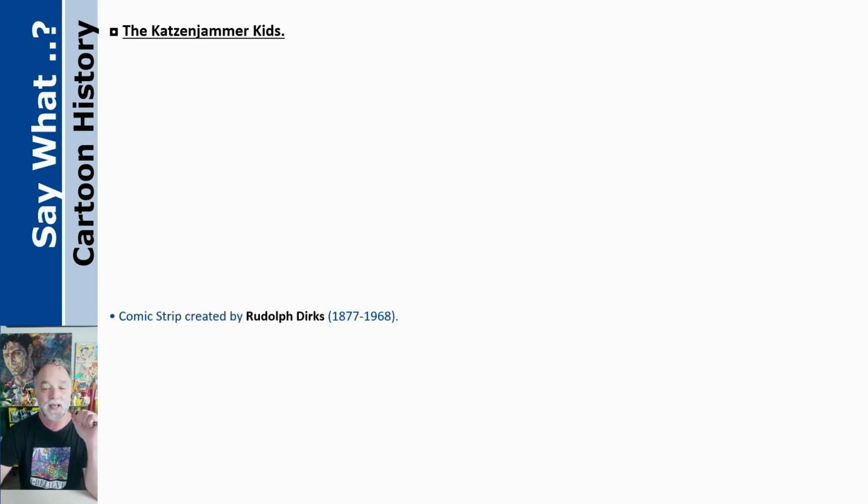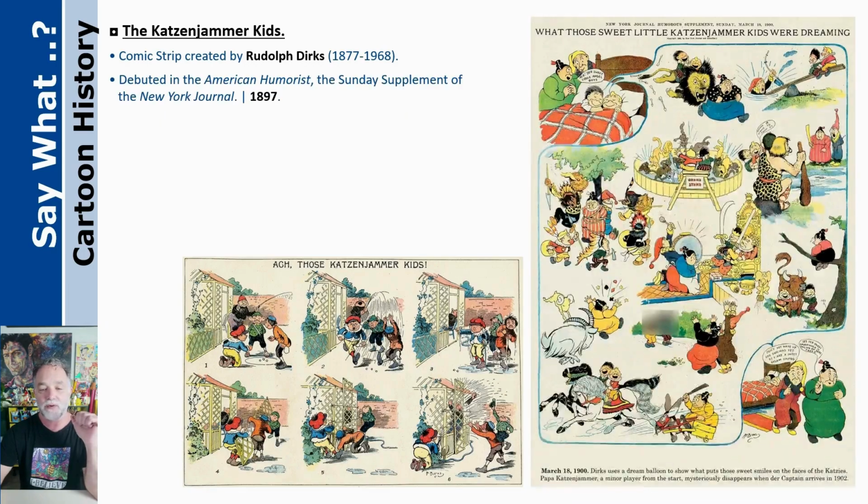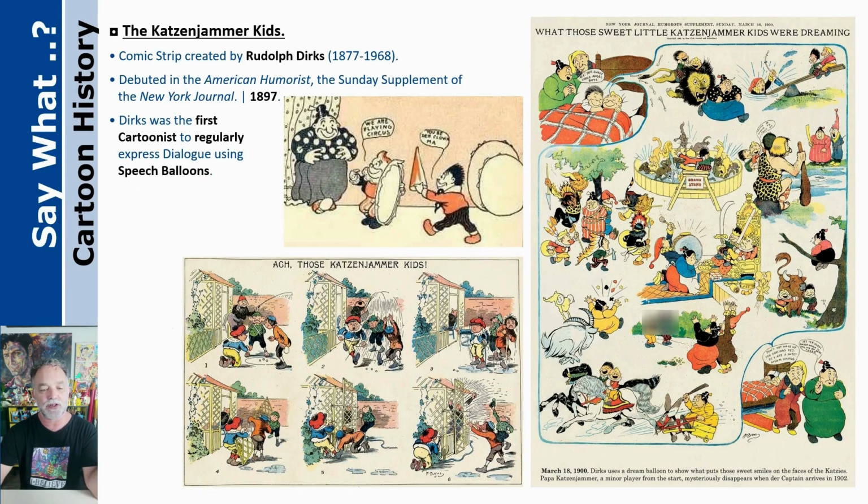Next you have the Katzenjammer Kids, created by Rudolf Dirks in 1897. According to my research, Dirks was the first cartoonist to regularly express dialogue using speech balloons. Also, there were some copyright issues here as well, if memory serves.